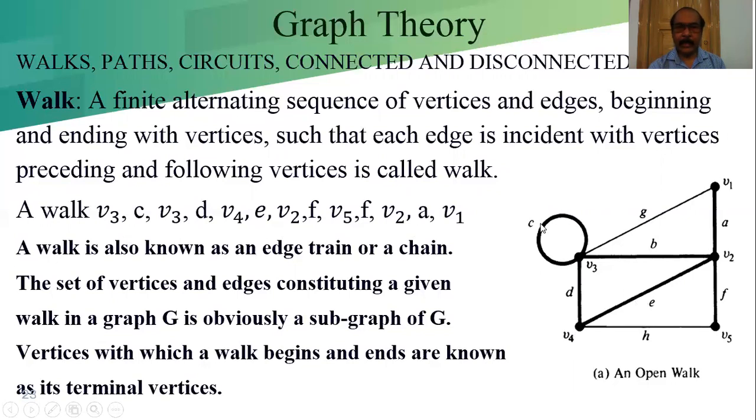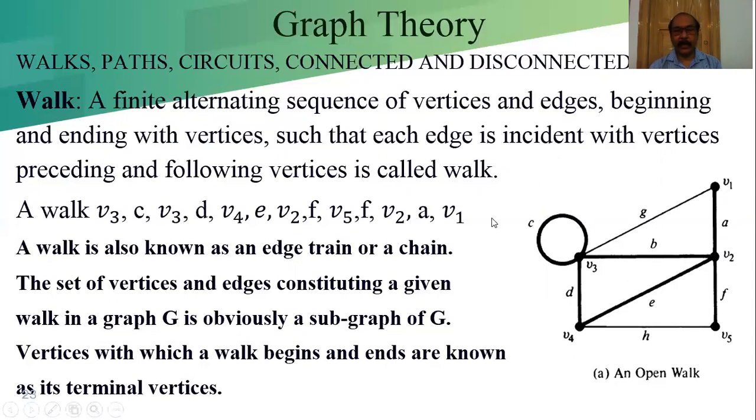At V3 there is a self loop C. V3, C, then again V3, then D, I'm moving here, then V4, then E, then V2, then F, then V5, then H, then again V2, then A, then V1. So this is one walk.